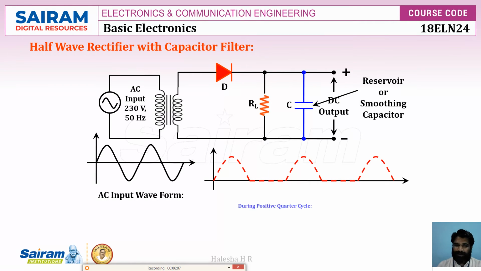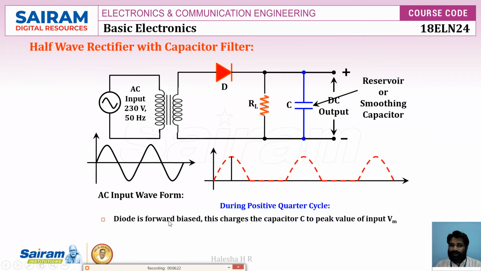Now we'll analyze. During the positive quarter cycle, I mean from here up to here, the diode is forward biased.